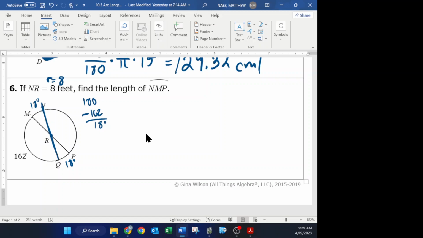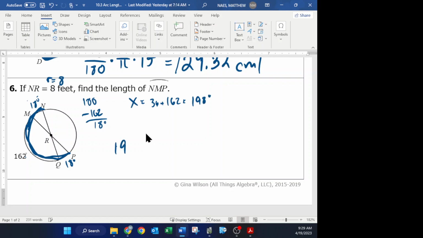So if we want to know the arc length of NMP, that's this whole section right here, well, that's the sum of all these angles. So you add 18 plus 18, which is 36, plus 162, and it gives you 198 degrees.